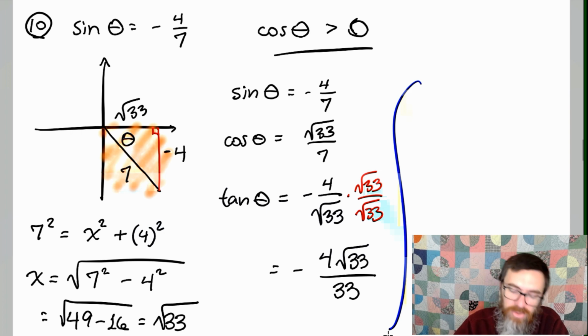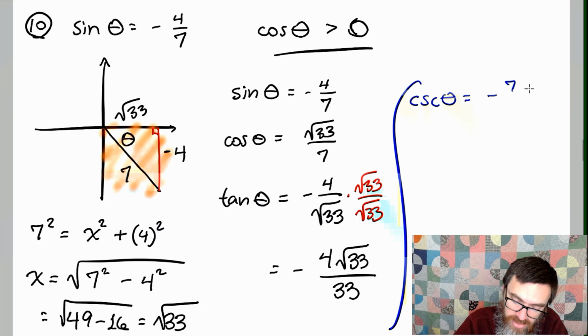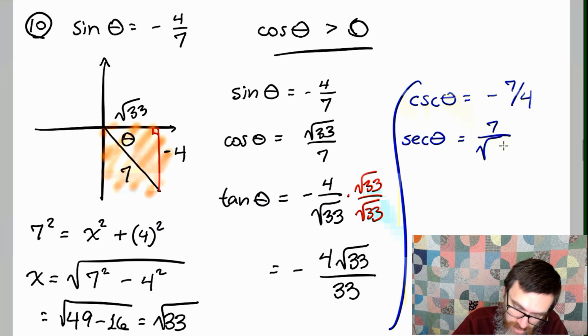All right, now to get those reciprocal values. So cosecant is the reciprocal of sine, so it's negative 7 over 4. The reciprocal of cosine is secant, so 7 over the square root. More rationalizing.